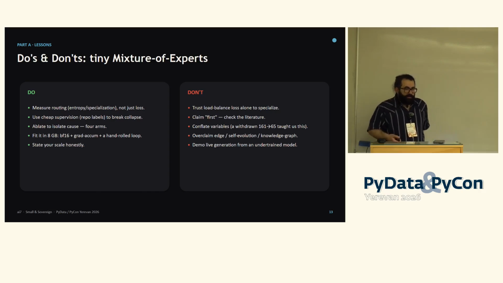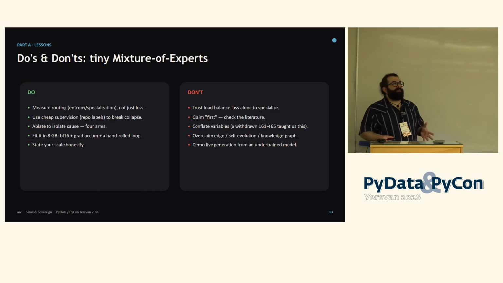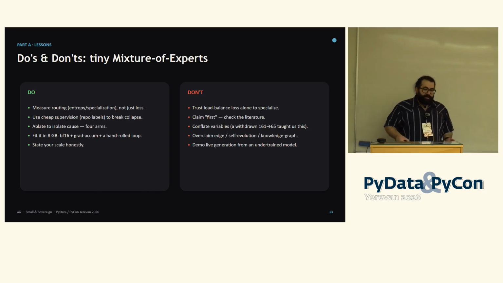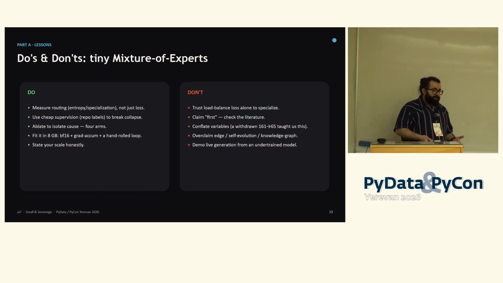And also, we didn't chop the model and quantize it to fit into 8 gigabytes of VRAM.